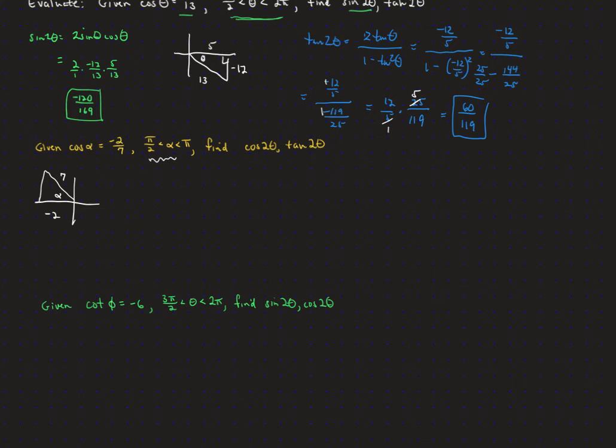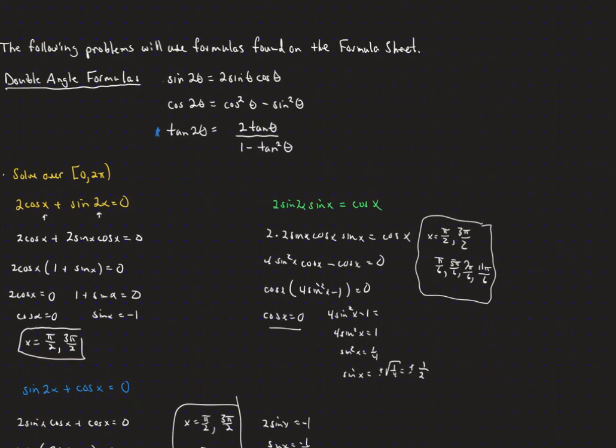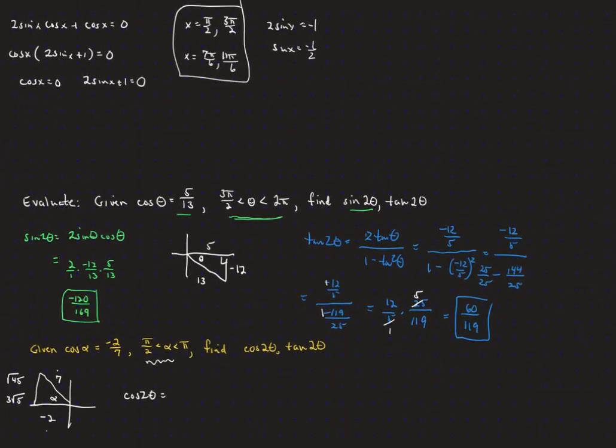So a little Pythagorean theorem, 49 minus 4 is 45, and the square root of 45, we're probably going to want to call 3 square root of 5. Let's see, cosine 2 theta. We need to go find an identity. Hang on, I'm going to scroll back up. And cosine 2 theta is cosine squared minus sine squared.